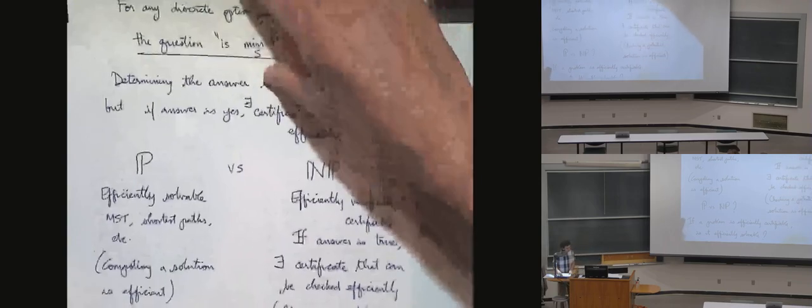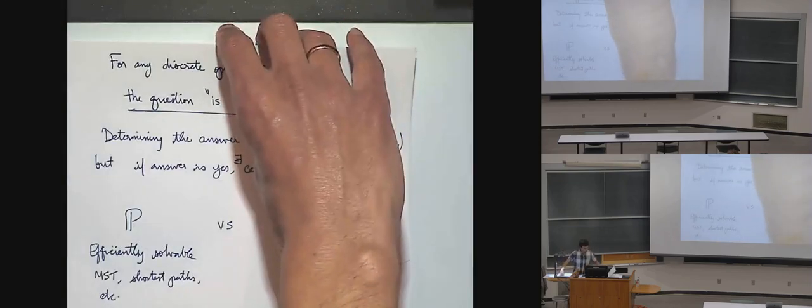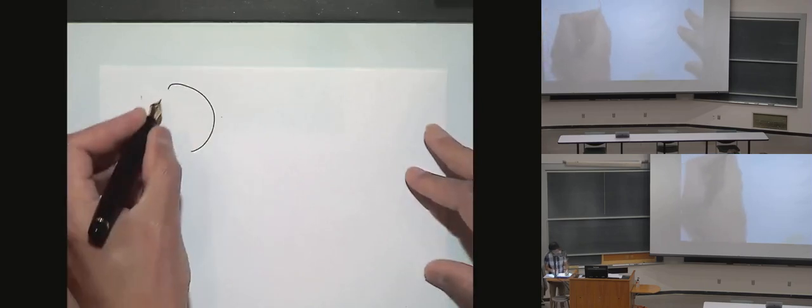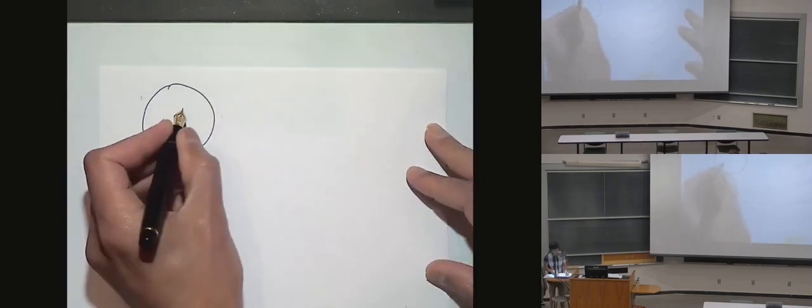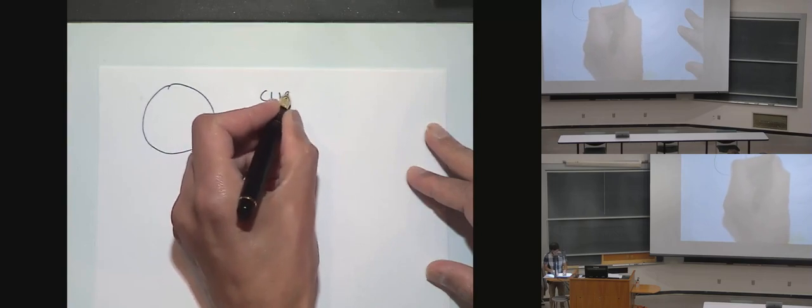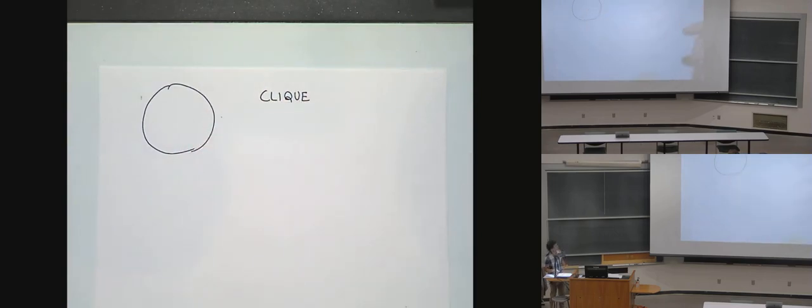So let me give you an example of a question where it's not clear how to do. So this is a problem called clique, which I have worked on myself quite a bit. So what is the clique problem? I give you a graph.